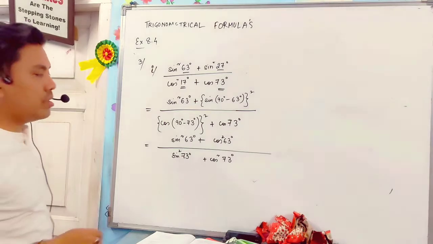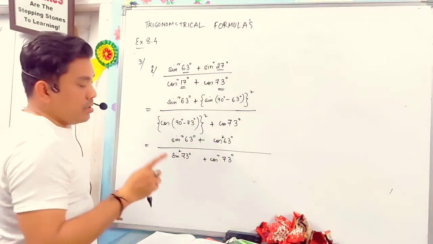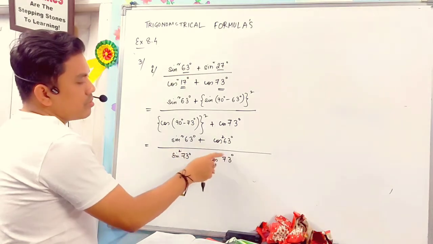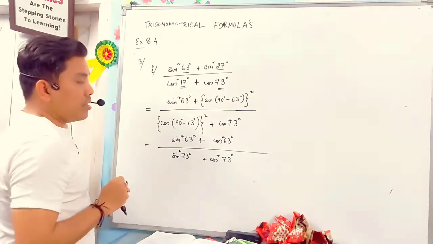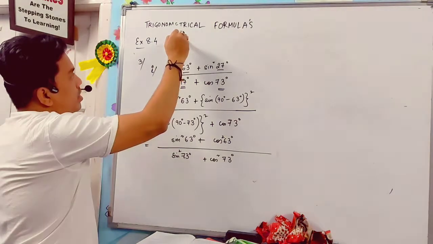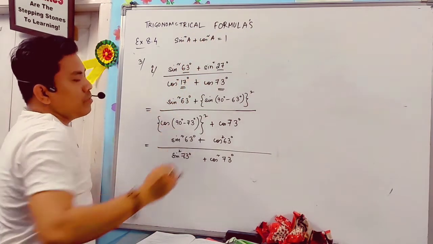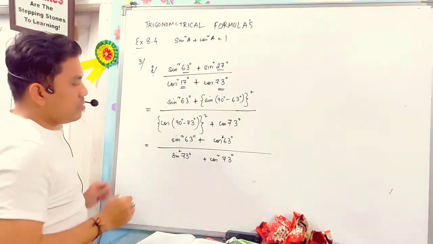Done. Now you see here sin square 63 plus cos square 63 will be 1. Sin square 73 plus cos square 73 is equal to 1. Why? Because we know the formula: sin square a plus cos square a is equal to 1, isn't it?